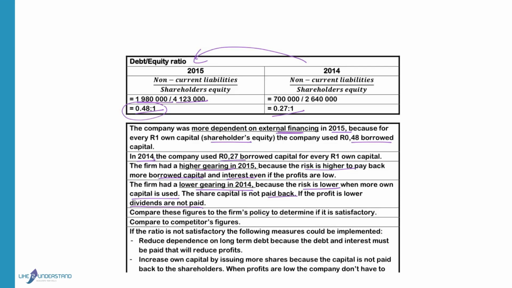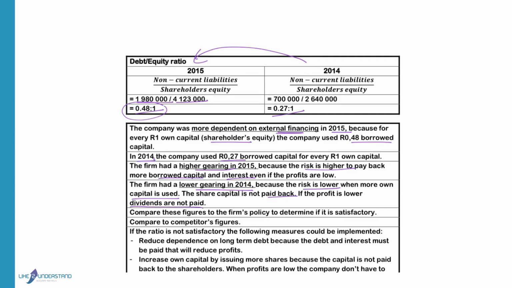So if they borrow more money than own capital, the gearing is high, the risk is high, because they have to pay back the interest and the loan. If their own capital is higher than the borrowed capital, then the gearing and the risk is low, because if they don't make profits, they don't have to pay money back to the shareholders.